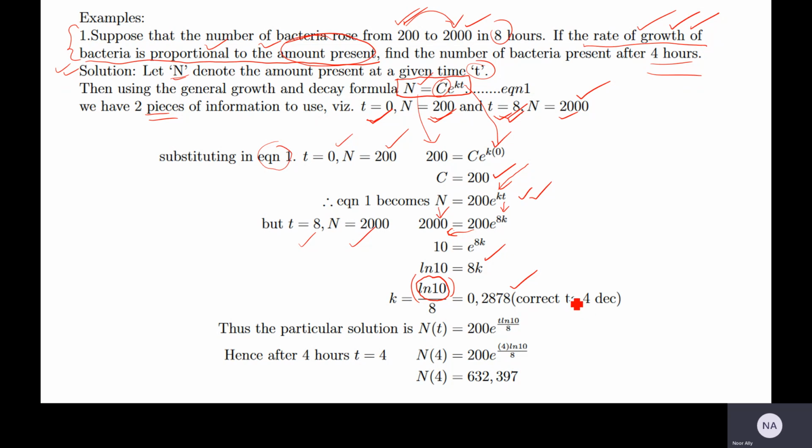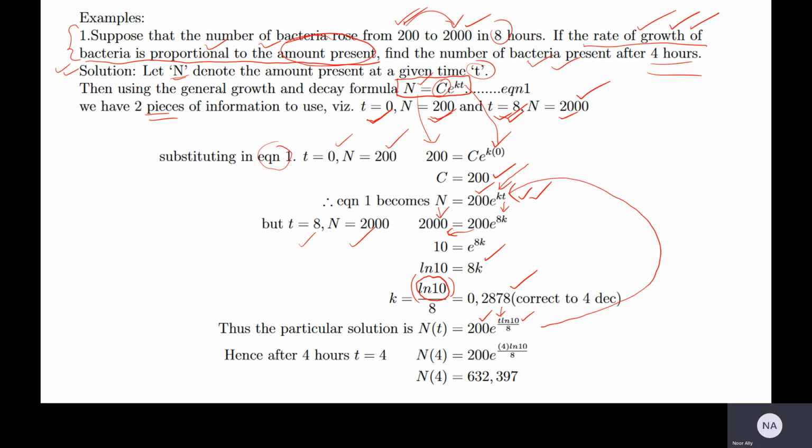Now that we have the value of k, we substitute it back into this equation, because for this particular problem, that's 200, the k value is ln of 10 divided by 8 in the exponent, and there's my t. Now I can answer the question.